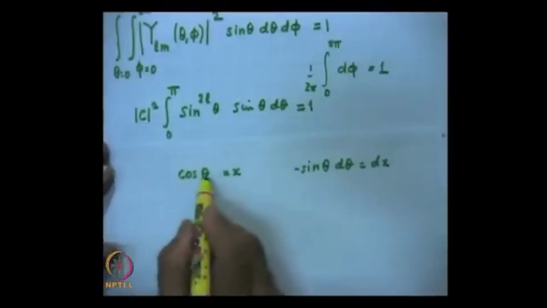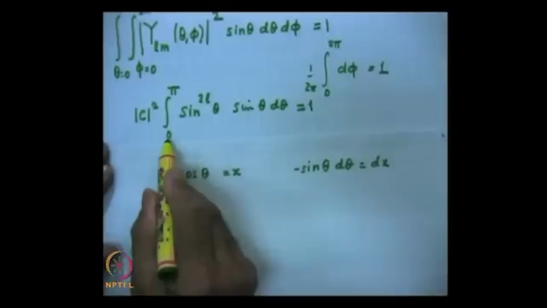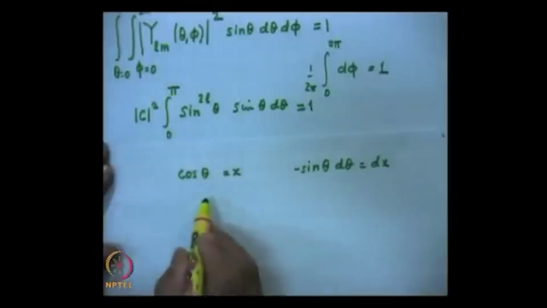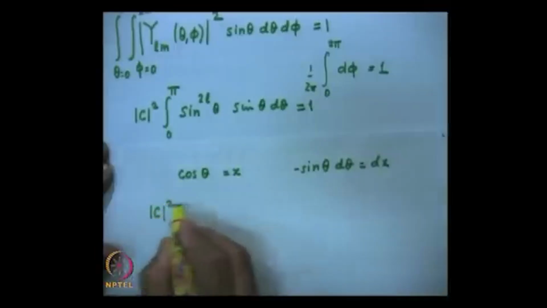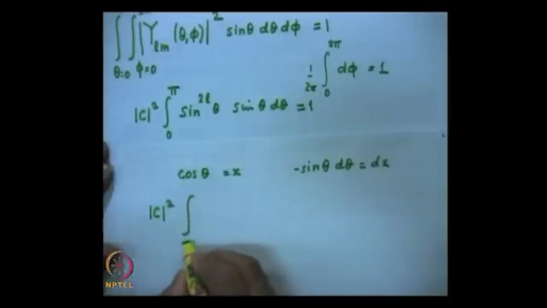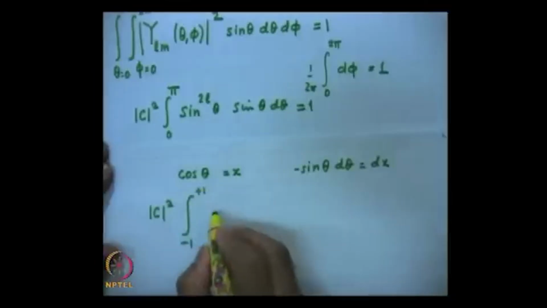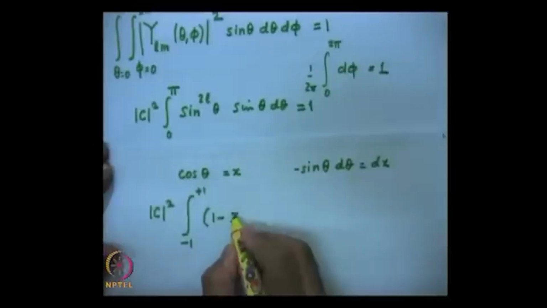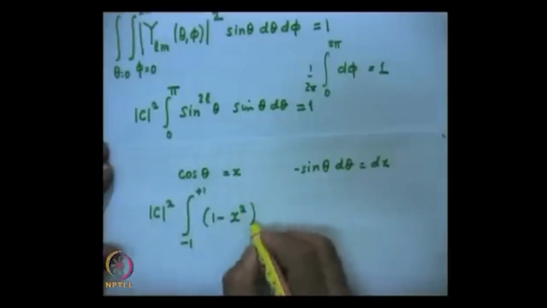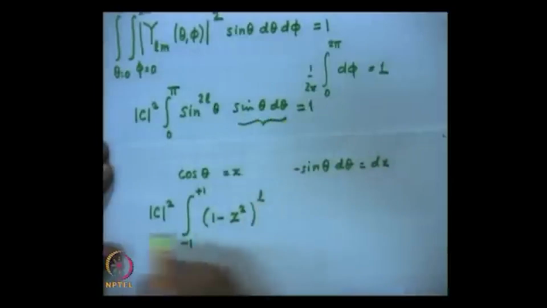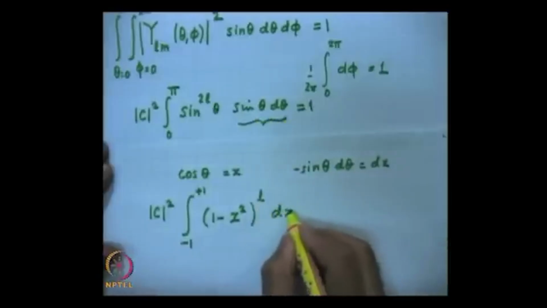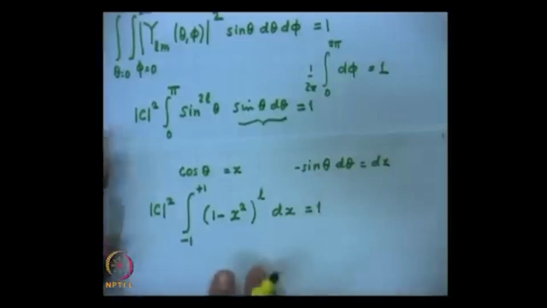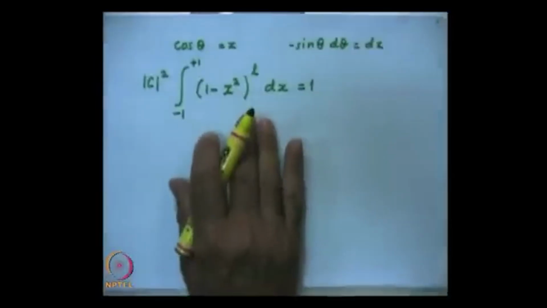When theta is 0, x is 1, and when theta is pi, it is minus 1, but there is a minus sign here. So, I interchange the limits, minus 1 to plus 1, and sin squared theta is 1 minus x squared, raised to the power of L, times dx, and I have taken care of the minus sign. So, C squared times this integral of dx is equal to 1. This is the normalization condition.